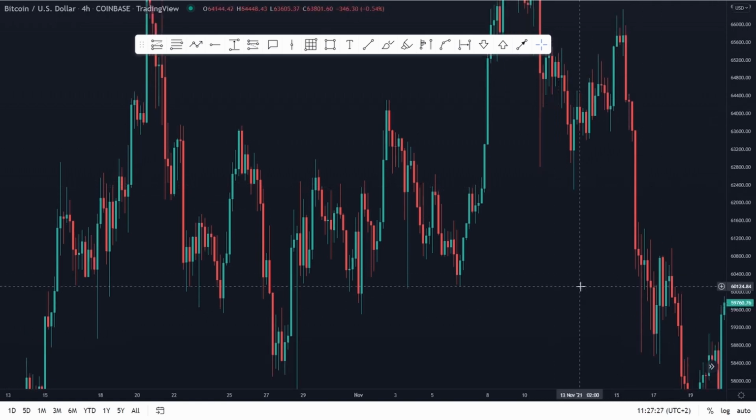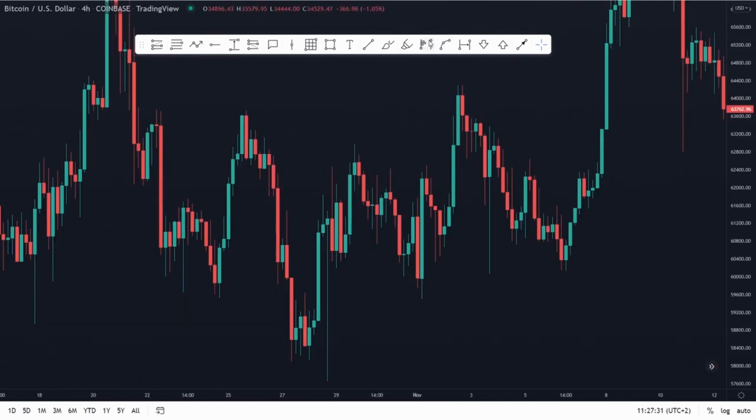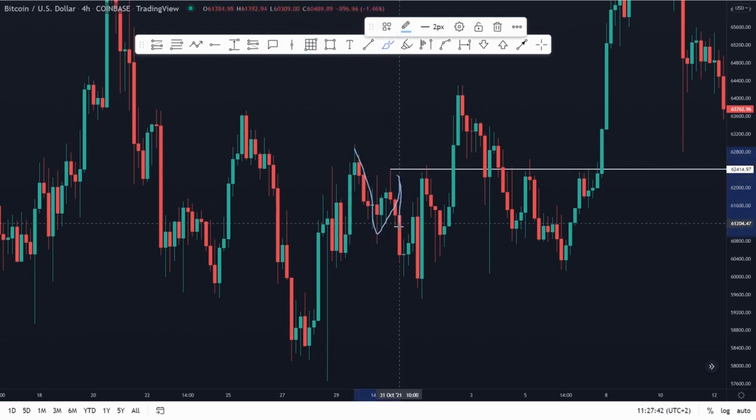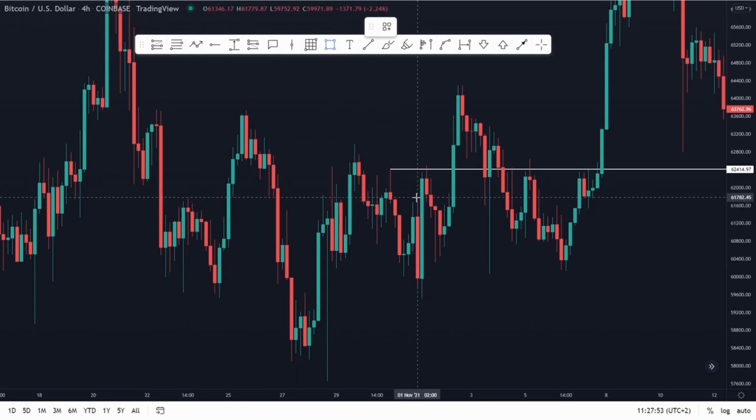So from here we can see that we have our change in market direction. As you can see, we have something like this breaking through, then it came back and went higher, and then we draw our zone from here to here.